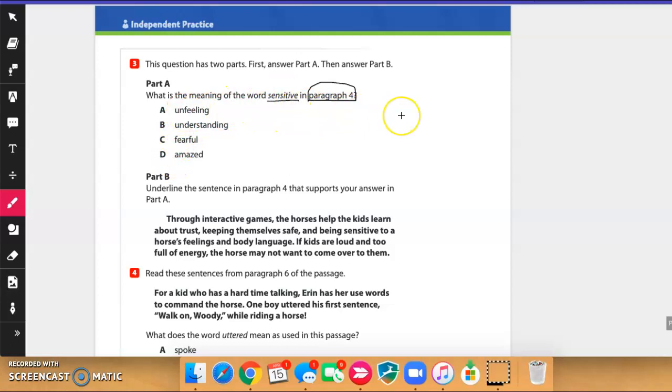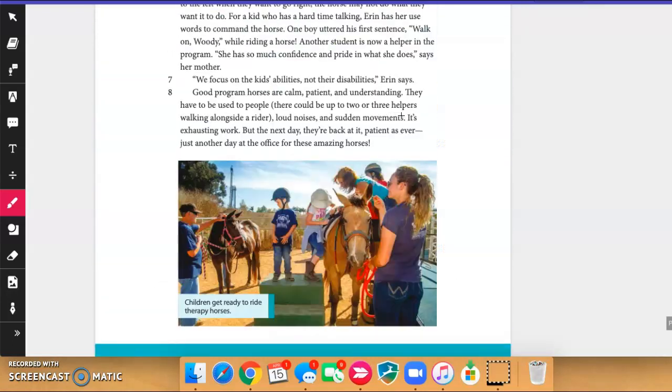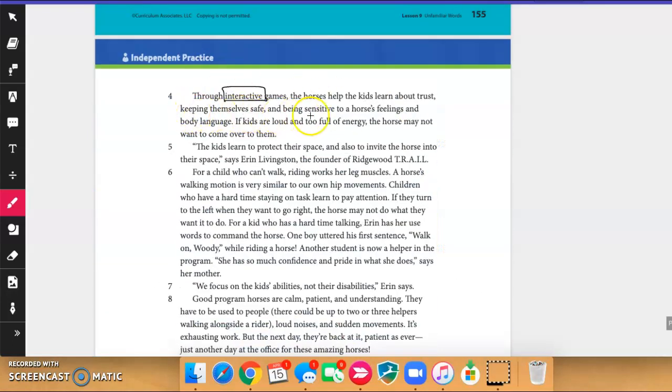So sensitive in paragraph 4, if you go back, being sensitive to a horse's feelings and body language. If kids are loud and too full of energy, the horses may not want to come over to them.